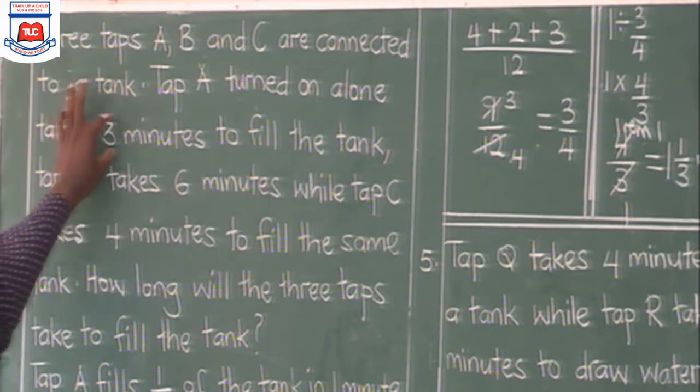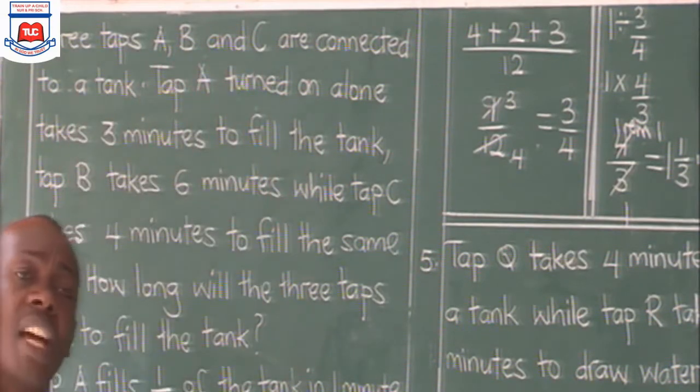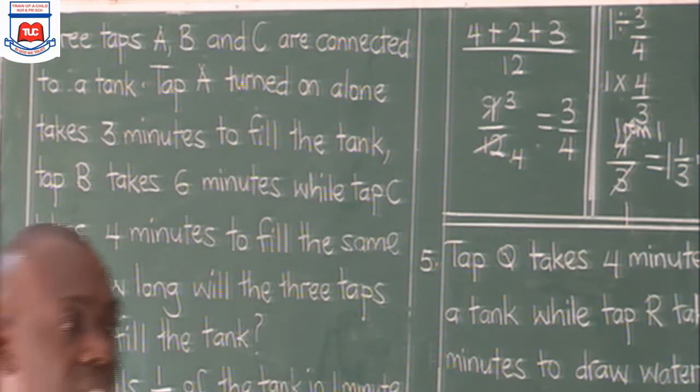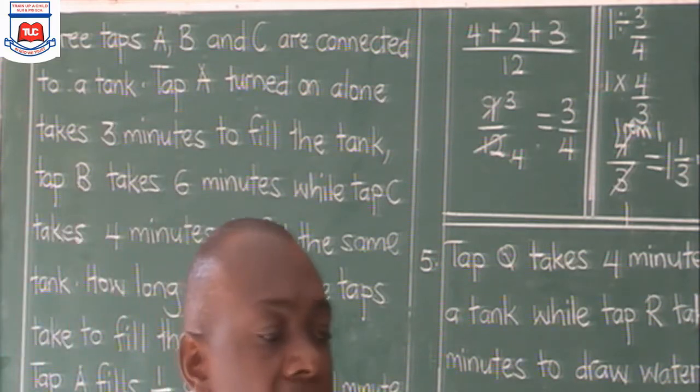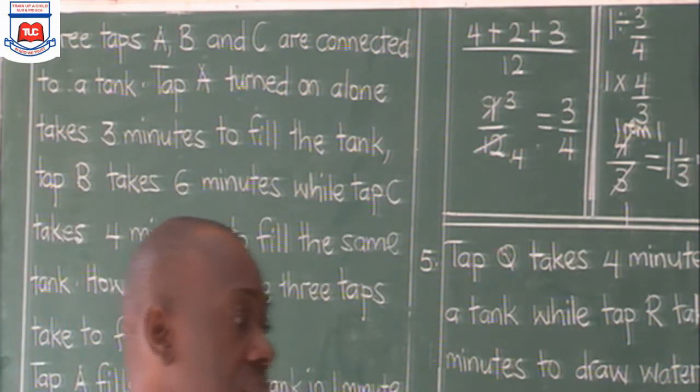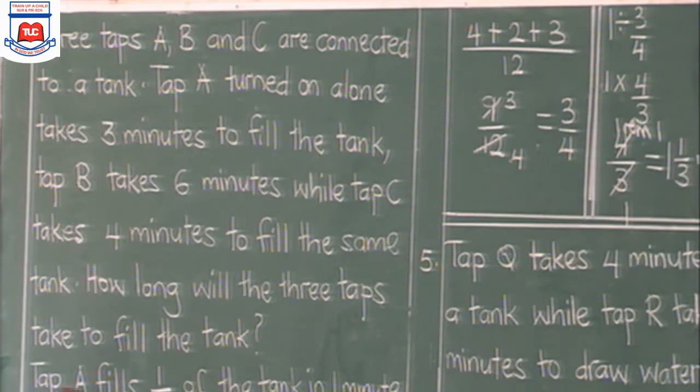The fact being that it takes 3 minutes, it means every minute it will pour in the same fraction of water, which is a third. Hence, you say tap A fills a third of the tank in 1 minute.